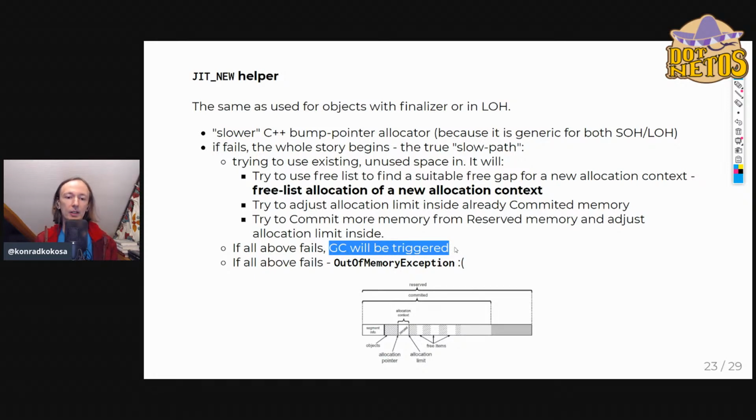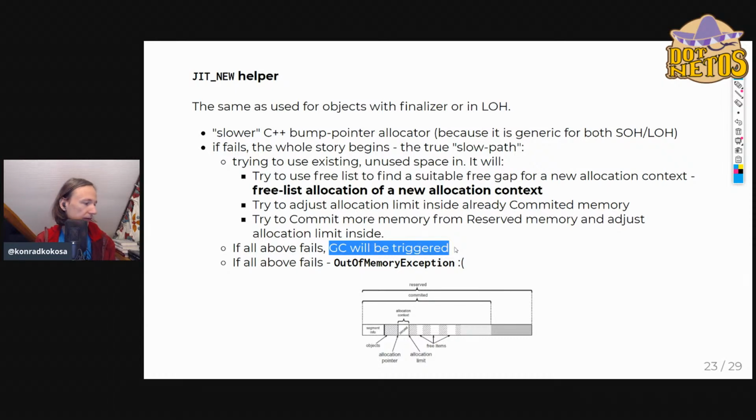So we will hit the point where we don't have enough space to create a new allocation context. Probably we are just running out of committed memory inside the segment, or the fragmentation is problematic enough that we cannot reuse it anymore. Then and only then we will trigger the GC.